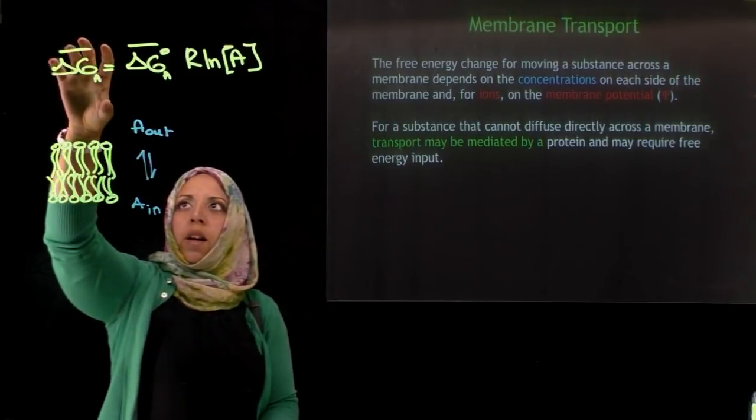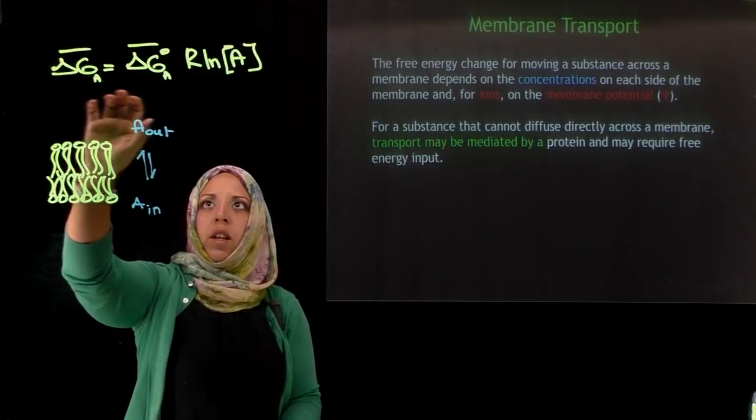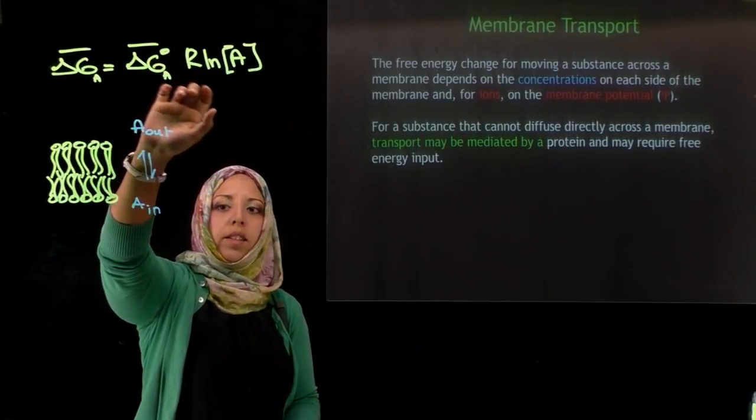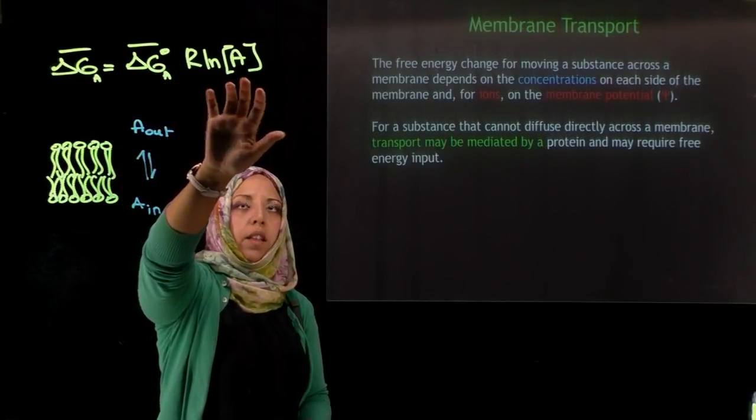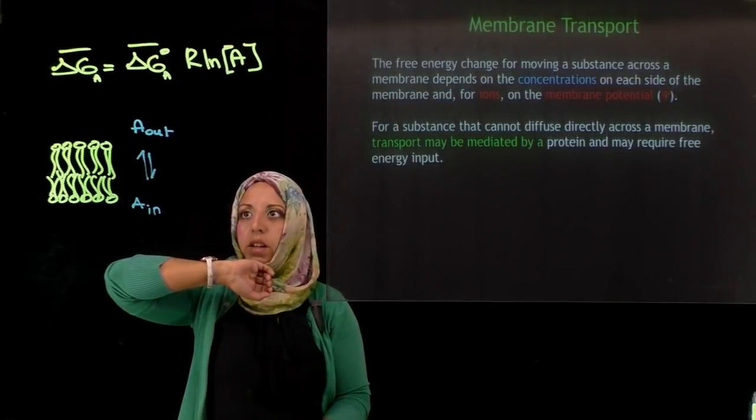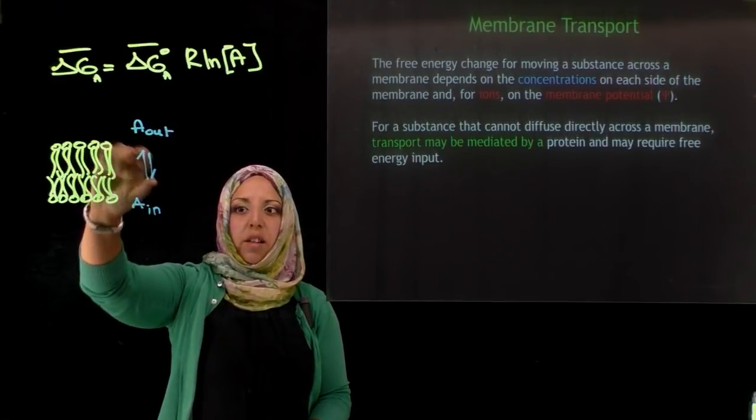So we could think about the chemical potential, which depends on its chemical potential at a standard state, plus RT ln of the concentration of A, and its movement across the membrane.